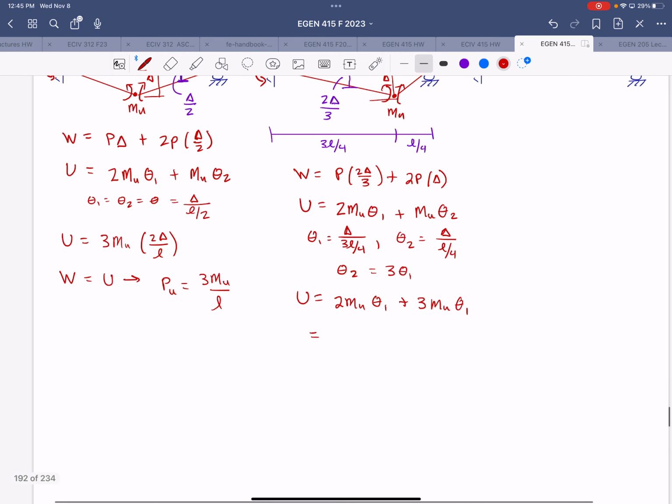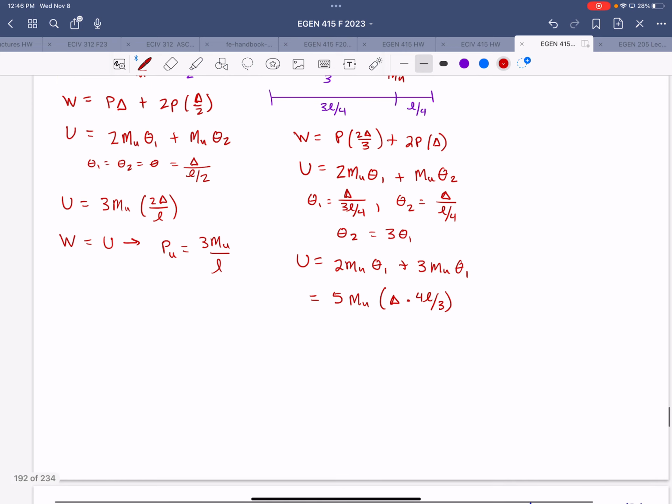And then plugging in our delta and L term for theta 1, we get internal strain energy as 5 mu times delta times 4L over 3. So then setting our internal strain energy equal to work, we solve for Pu and get 2.5 mu over L.